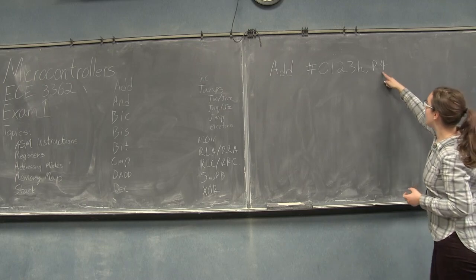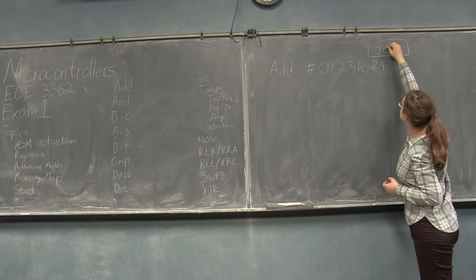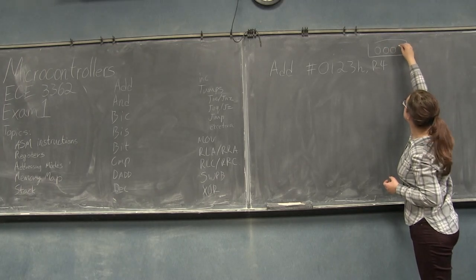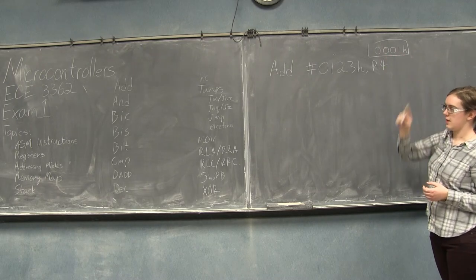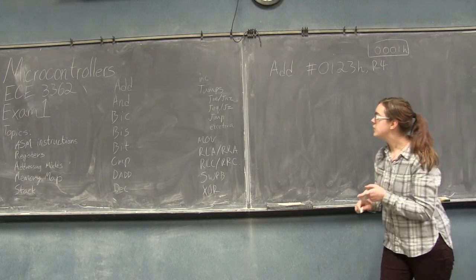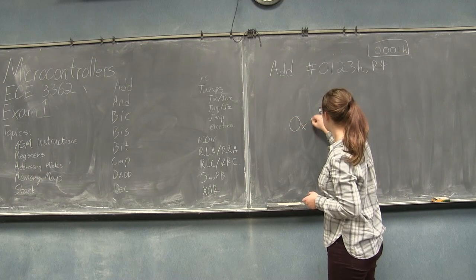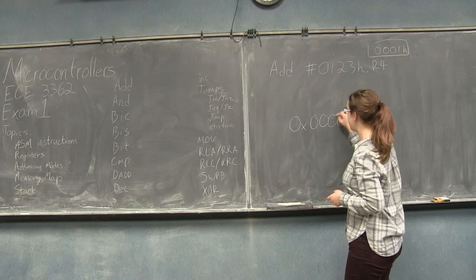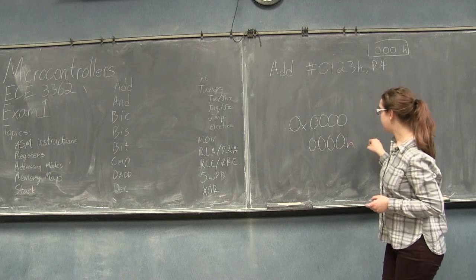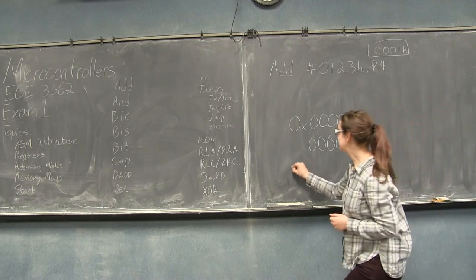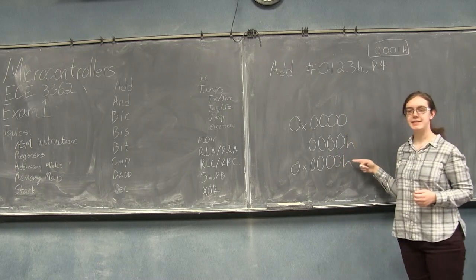So let's say that at the beginning, R4 contains the hexadecimal value 001H. Oh, just a brief note, you can write hexadecimal values like this, or like this, but not like this. That's wrong.